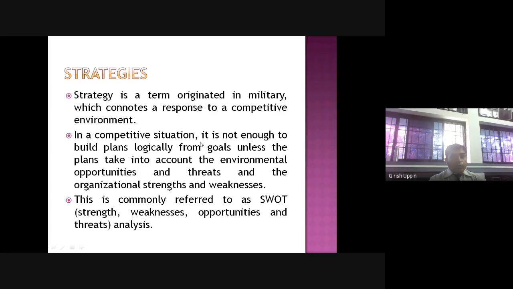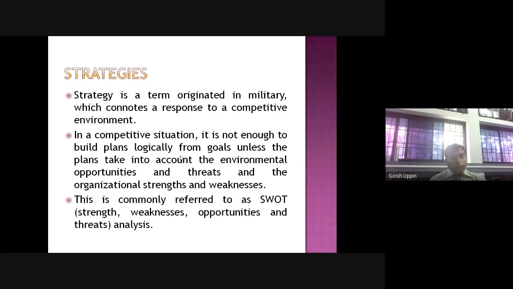In a competitive situation, it is not enough to build plans logically from goals unless the plans take into account the environmental opportunities and threats and the organizational strengths and weaknesses. We talked about this, I told you about the word SWOT. We just cannot say, this is the goal and I will prepare the plan.